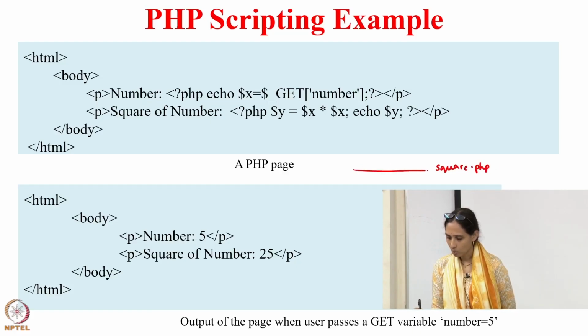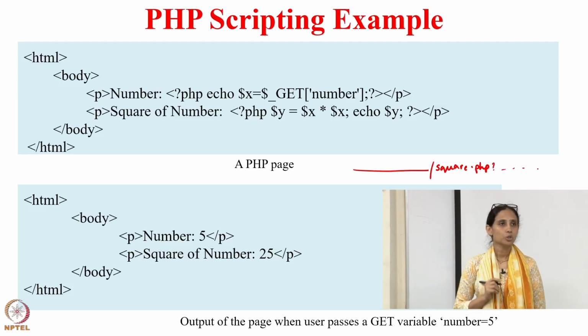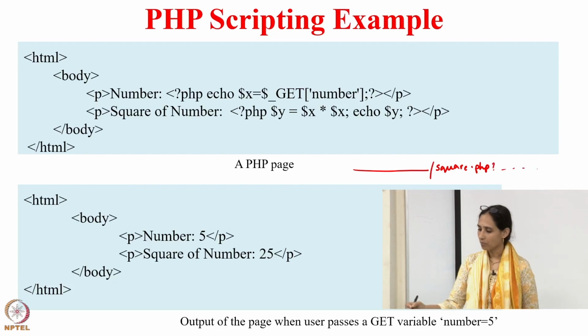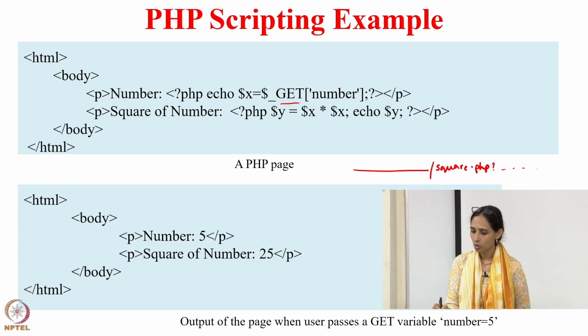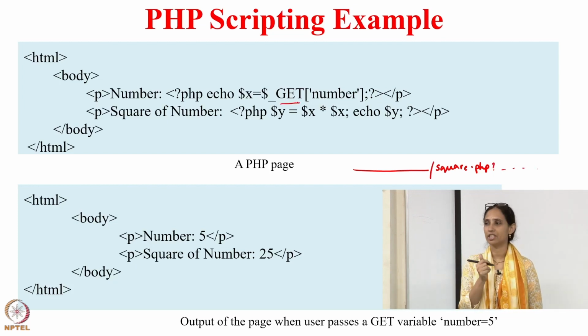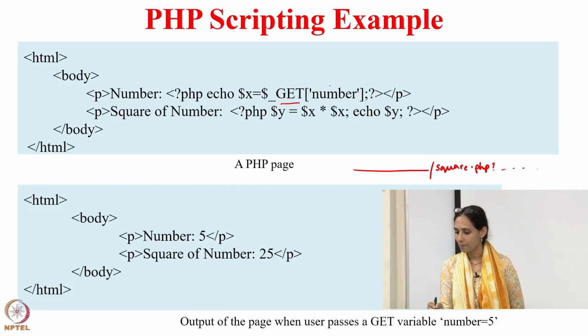There will be some URL /square.php, then a question mark, and then there will be some input. It is saying to use the GET method; HTML has GET and POST. Whatever number is listed after that, you take it and fill it in as x, and then the square of the number is x into x.